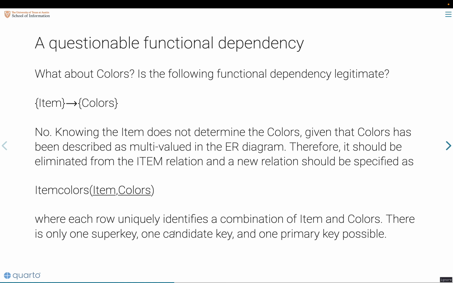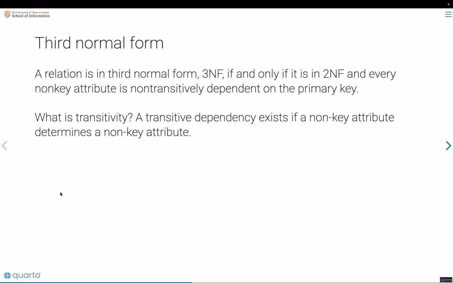So there's only one super key, one candidate key, and one primary key possible, which is the two columns together. Now a relation is in third normal form if it is in second normal form and every non-key attribute is non-transitively dependent on the primary key. So what is transitivity? A transitive dependency exists if a non-key attribute determines a non-key attribute.